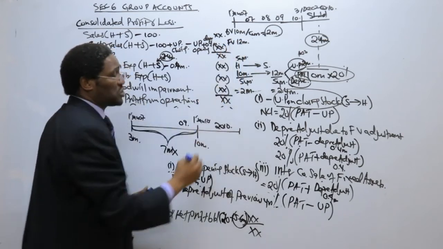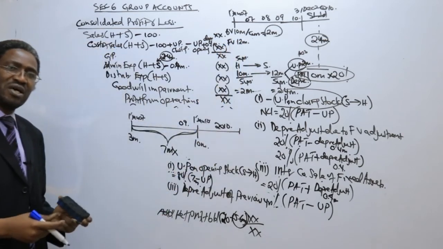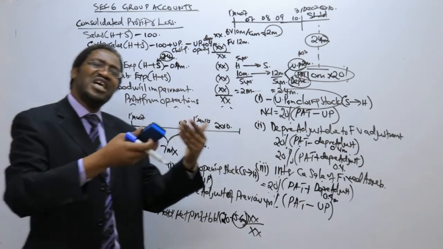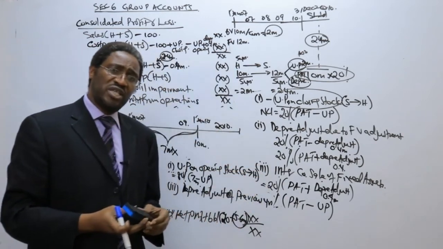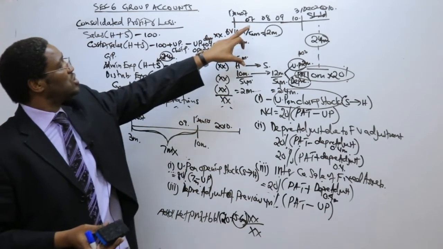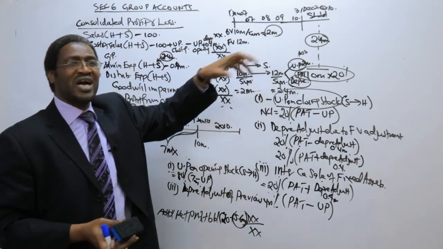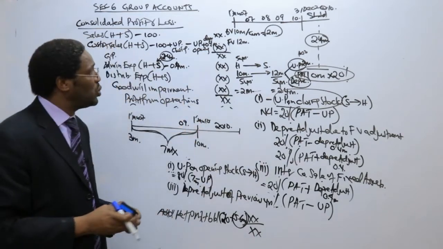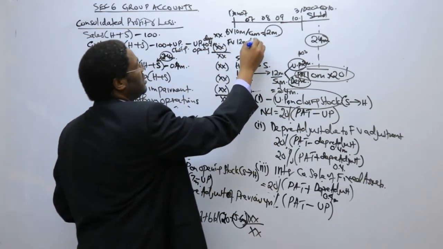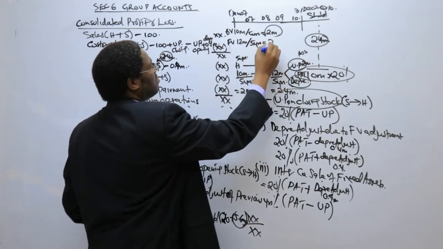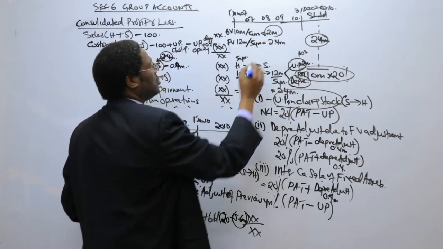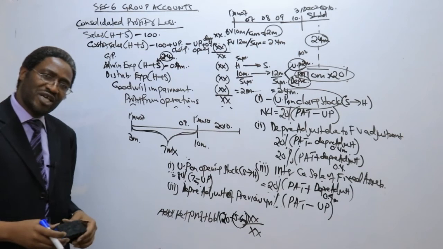We saw a short while ago that this subsidiary company, because they never revalued, went on charging 2 million every year. But had they revalued from 10 to 12, we saw they should have been depreciating that asset by how much? By 2.4 million. That's what we say.